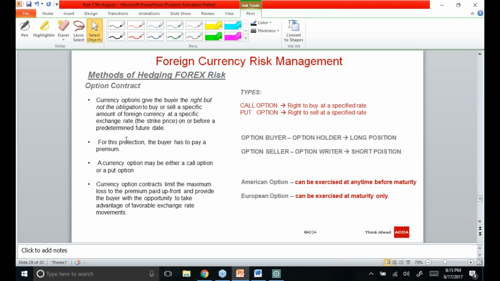It is a right, not an obligation. By buying the option contract, you have purchased a right to buy or sell currency in future at a predetermined rate and at a pre-specified date.